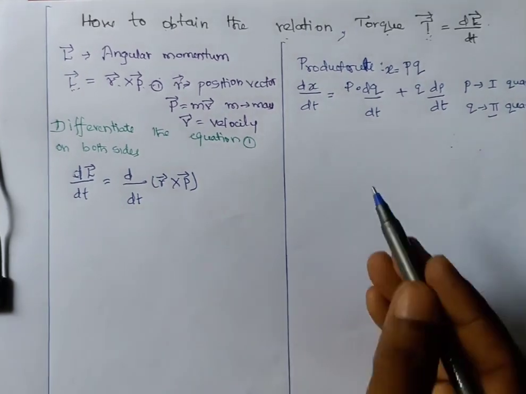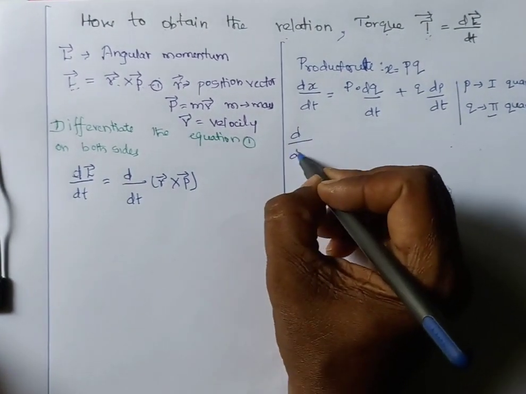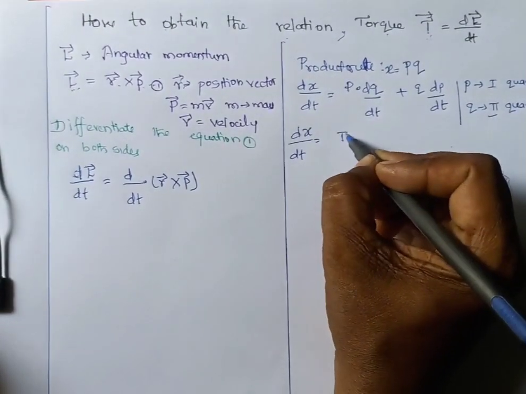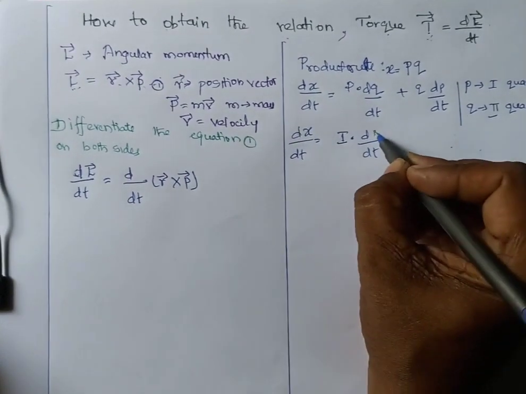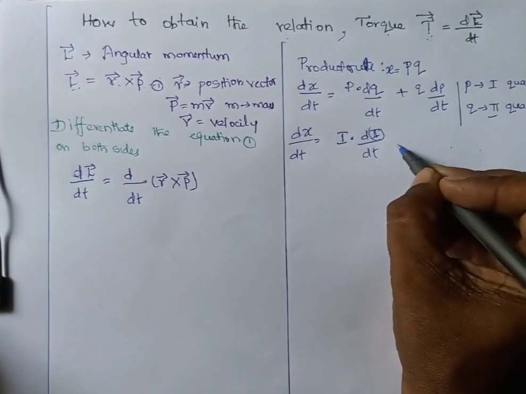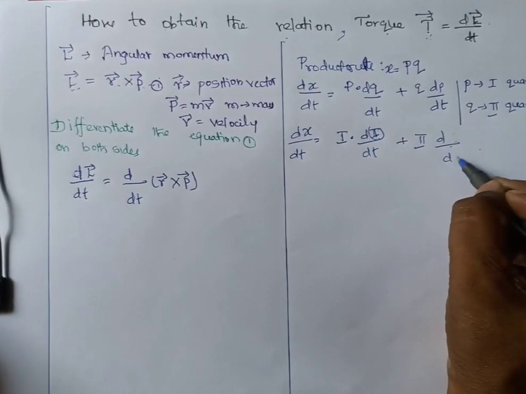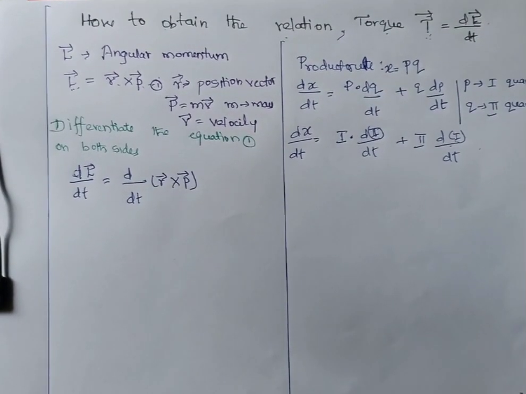So d by dt of X is equal to the first physical quantity multiplied by d by dt of the second physical quantity, plus the second physical quantity multiplied by d by dt of the first physical quantity. In that way you should remember.